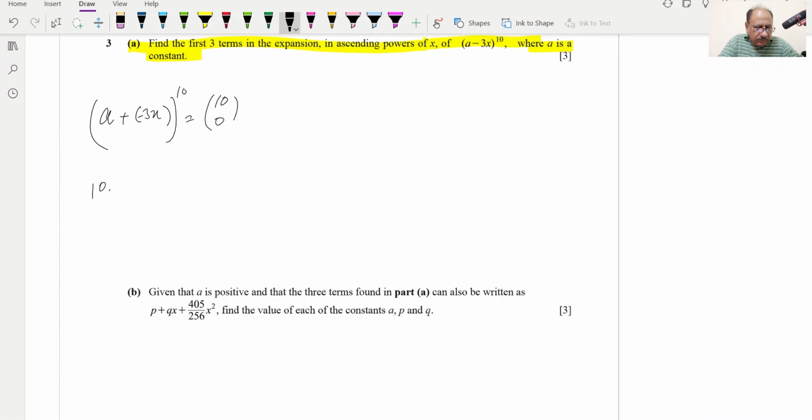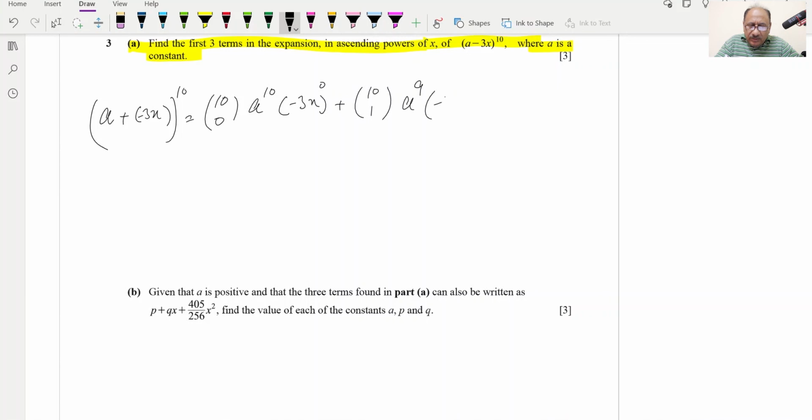You can write 10c0 in this shape or in this one. So a raised to the power 10 and minus 3x raised to the power 0, and the second term will be 10c1, and this will be a raised to the power reduced by 1, from 10 to 9.